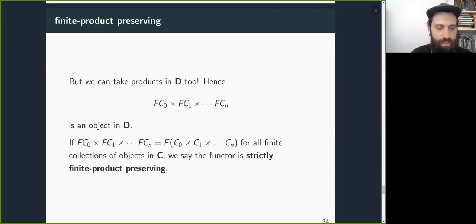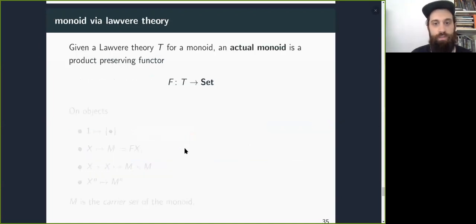That's like saying we can either apply the functor first and then multiply everything together, or we can multiply everything together and then apply the functor, and we get the same thing. When that happens, we say the functor is finite product preserving. Okay, so to actually get a monoid, let's say we have a Lawvere theory for the monoid. I'll call it T for theory.